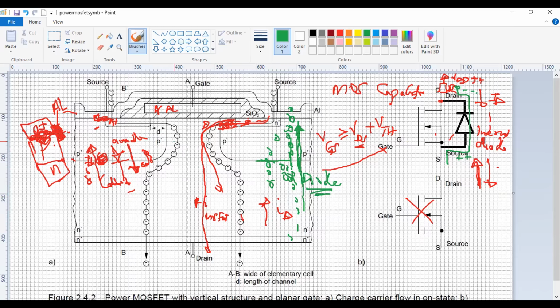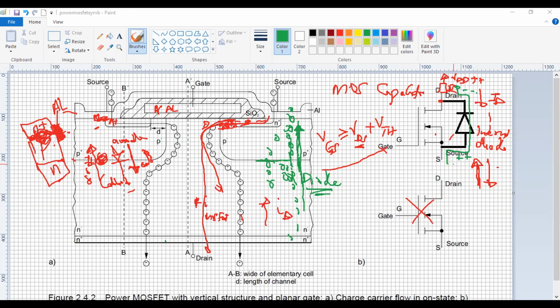Then for normal MOSFET action, the electrons are flowing from the source and going down to the drain. So the current is flowing the other way. The only thing that is changing is the direction.